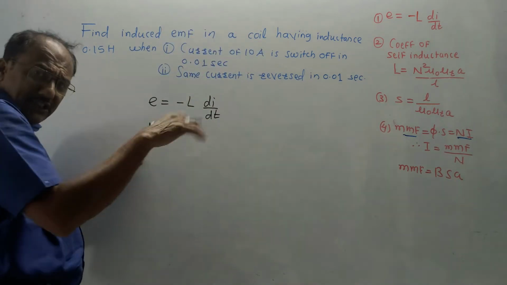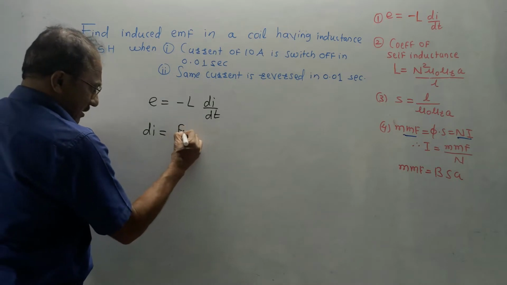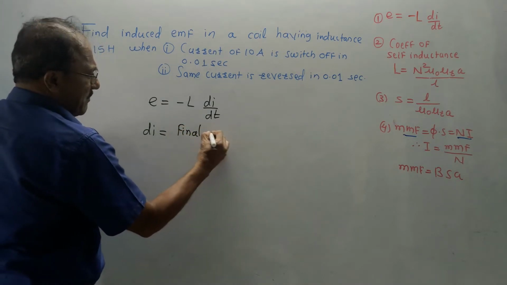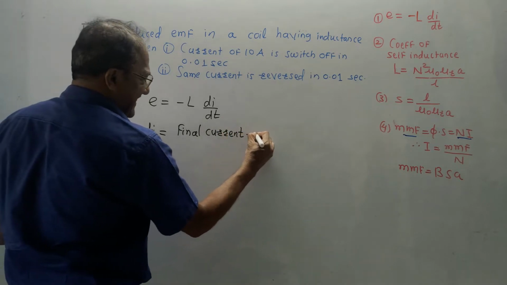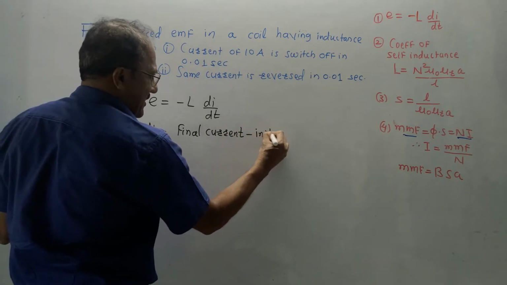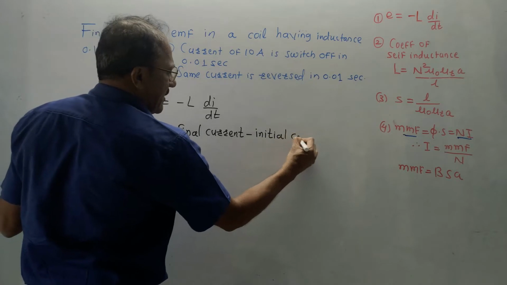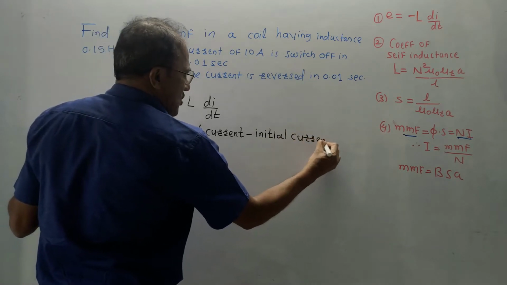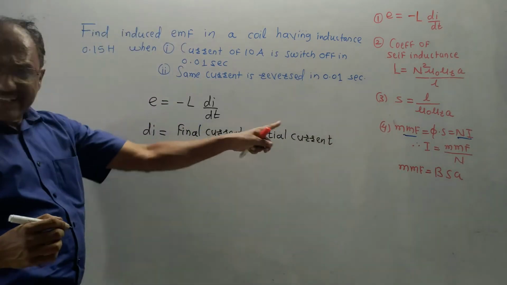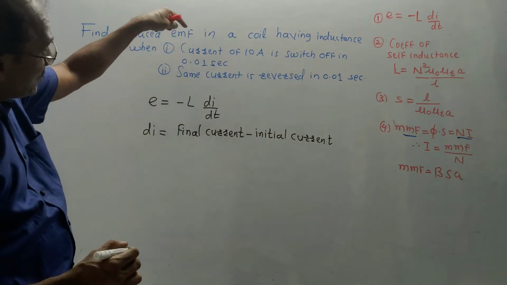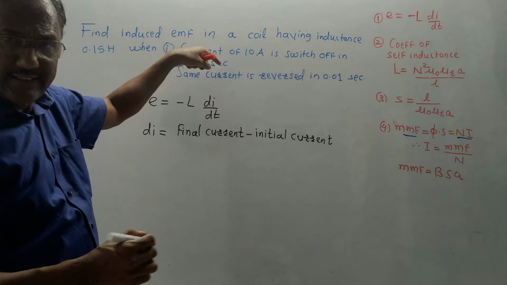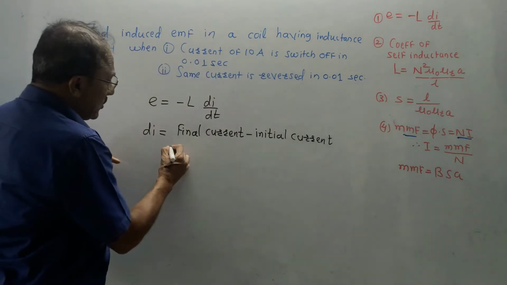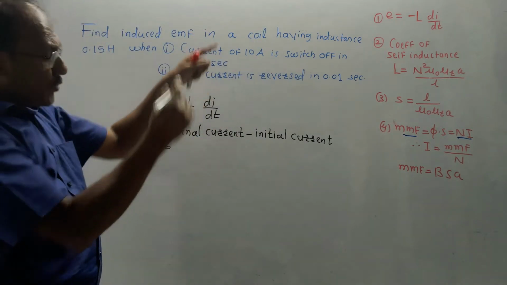Di represents change in current. So, if I want to write it in simple language, I can write it like this: final current minus initial current or starting current. Very simple. Di is change in current, which is final current minus initial current. What is mentioned in the question? Current of 10 ampere is switched off in 0.01 second. That means initially there was a current of 10 ampere which was switched off.